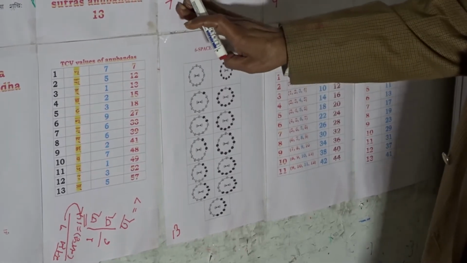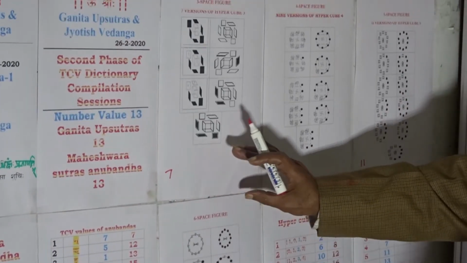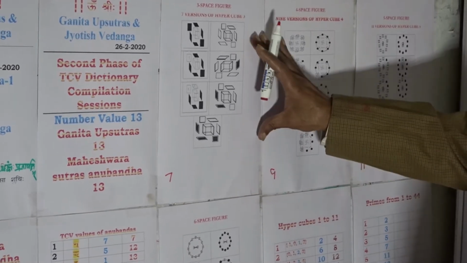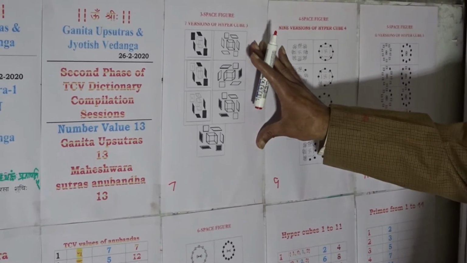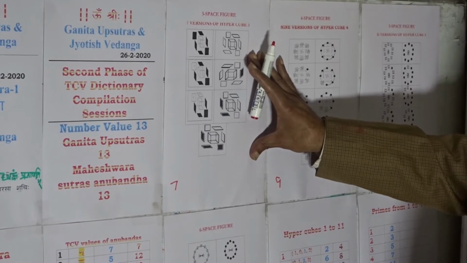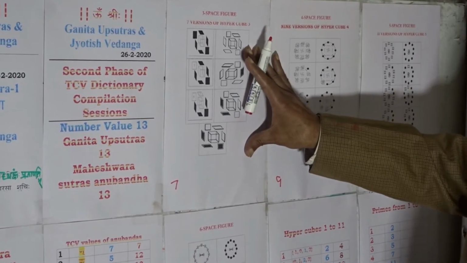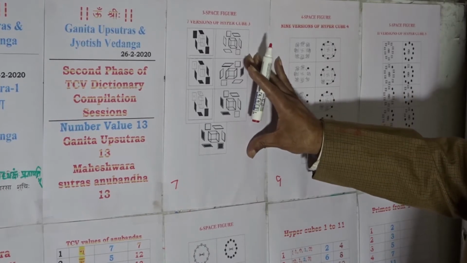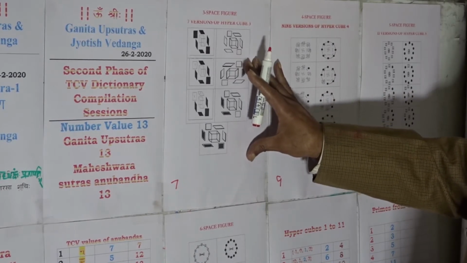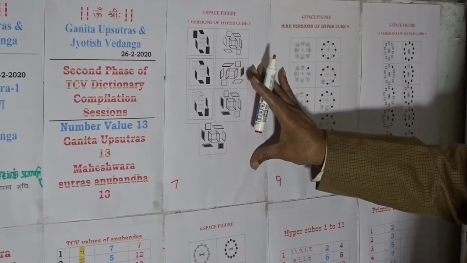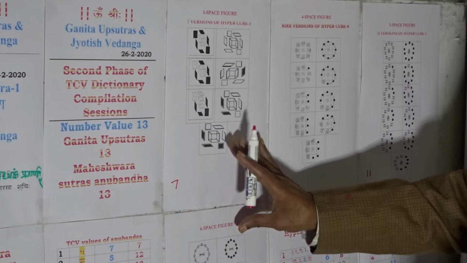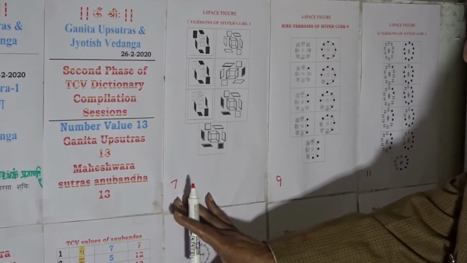These 7 geometries are having distinct bodies. These are the 7 versions of cube. So hypercube 3 is of 7 versions. These are 7 distinct 3-space bodies. These 7 distinct 3-space bodies are the representative bodies of 7 geometries of 3-space.